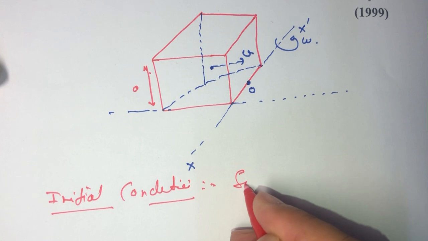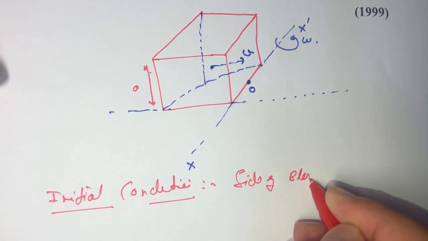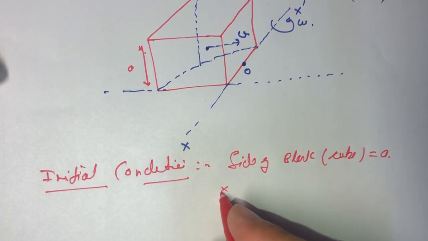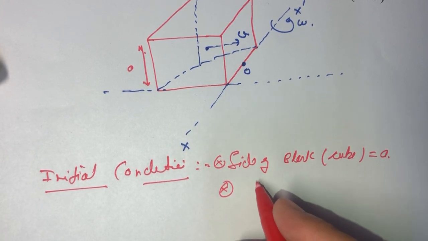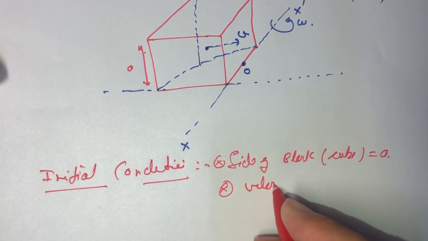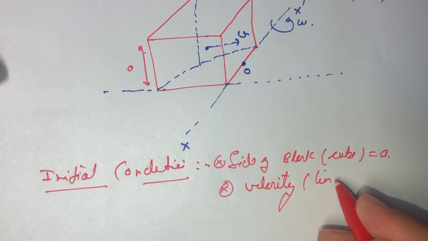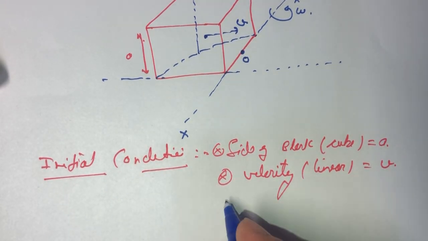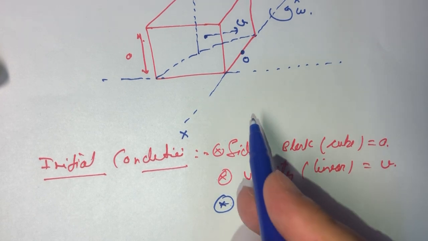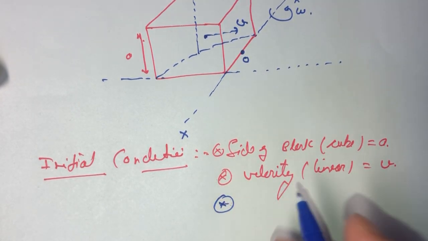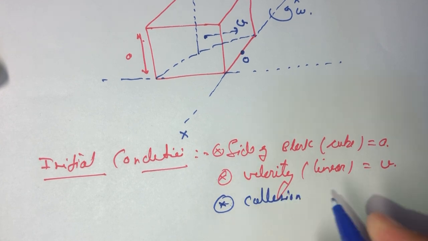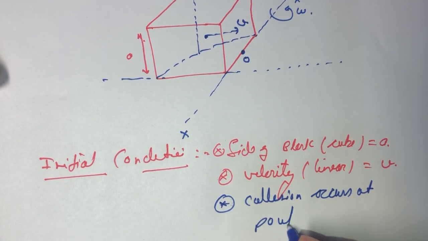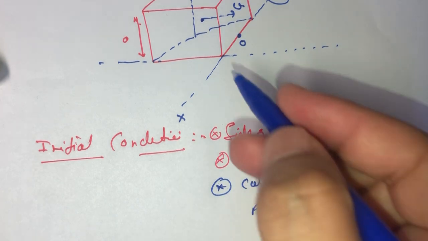We are given that side of block, which is cube rather, is given as A. Its velocity, which will be linear, is given as v, and also given that collision occurs at point O, and let me name this.